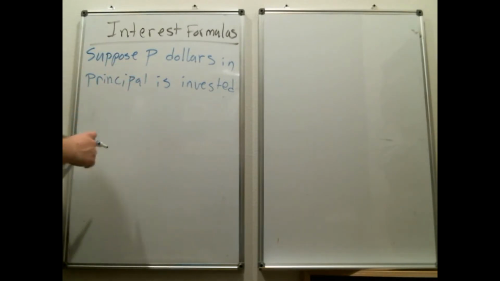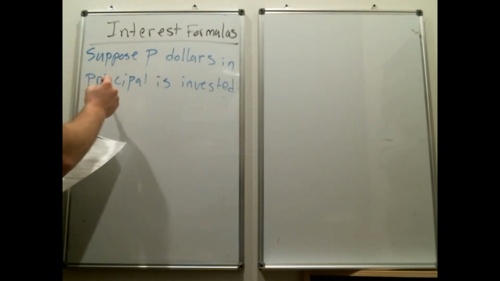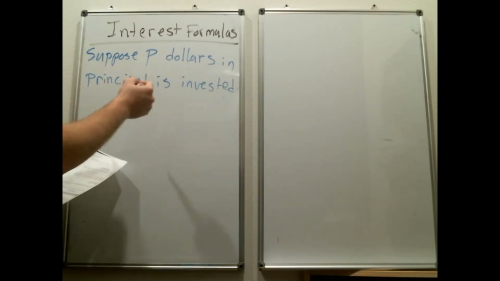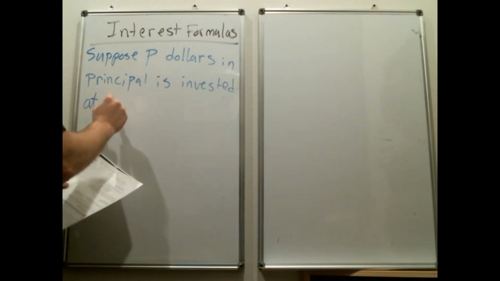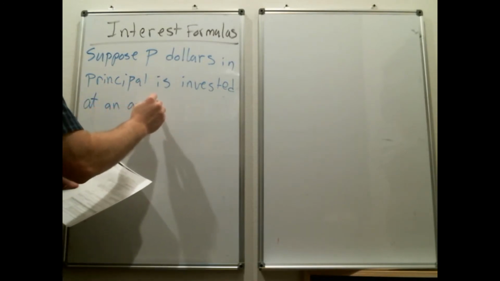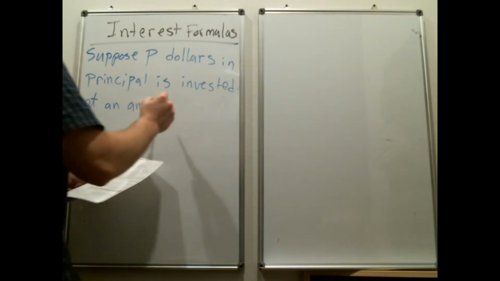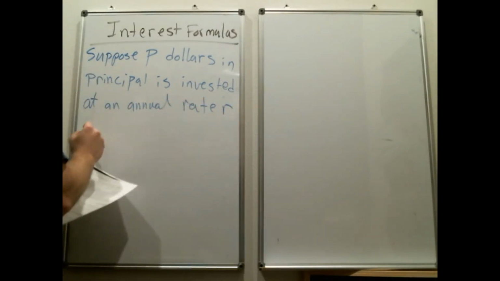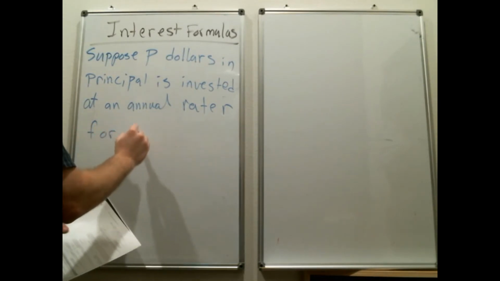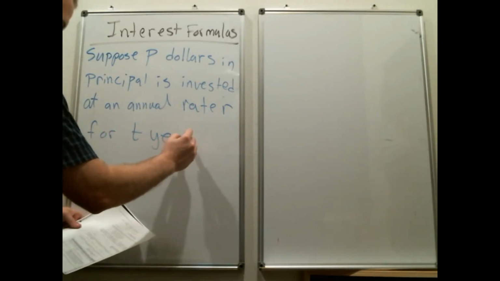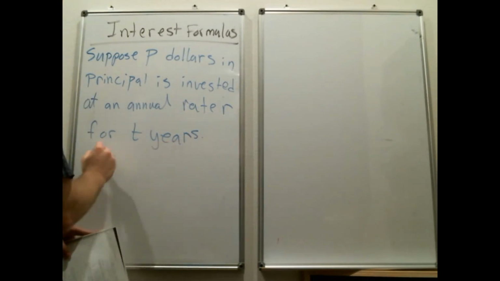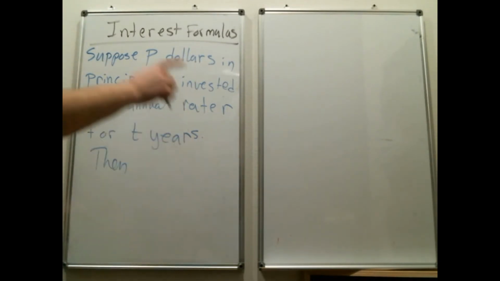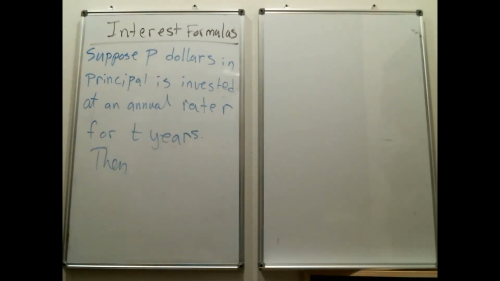This is kind of where this comes into play here. And at an annual rate R for T years, then we're going to have the formulas I'm going to write on the right side of the board. But first I just want to talk real quick.